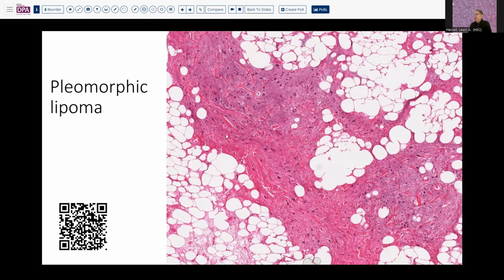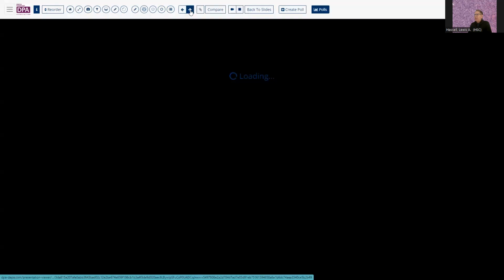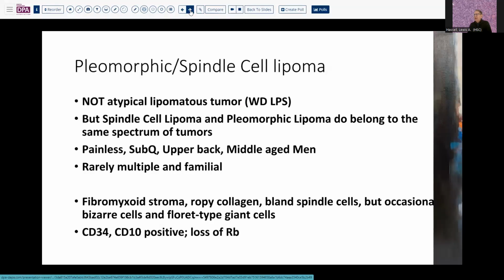And as you can see in this image, the pleomorphism tends to be not in the adipocytes, but in the intervening fibrous tissue. So this is a tumor that has sometimes been called spindle cell lipoma.